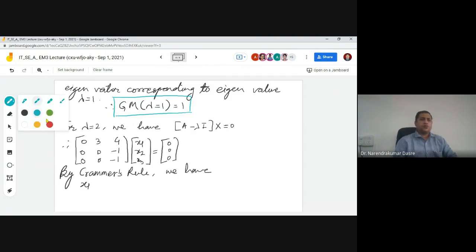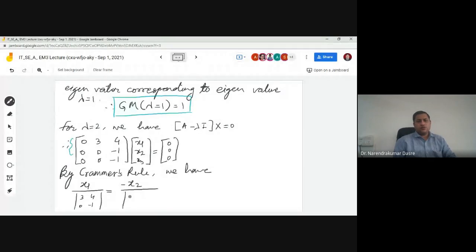If I want to apply Cramer's rule, I have to choose the equations. So here, without loss of generality, we consider equations 1 and 2. So we can have x1 upon, if I consider for x1, then it will be 3, 4, 0, minus 1. And this is minus x2 upon, this will be 0, 0.